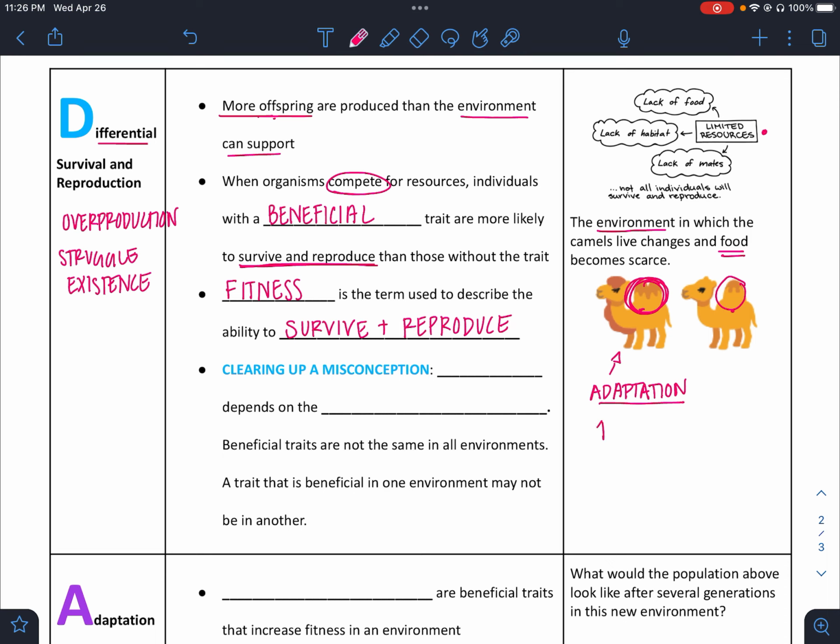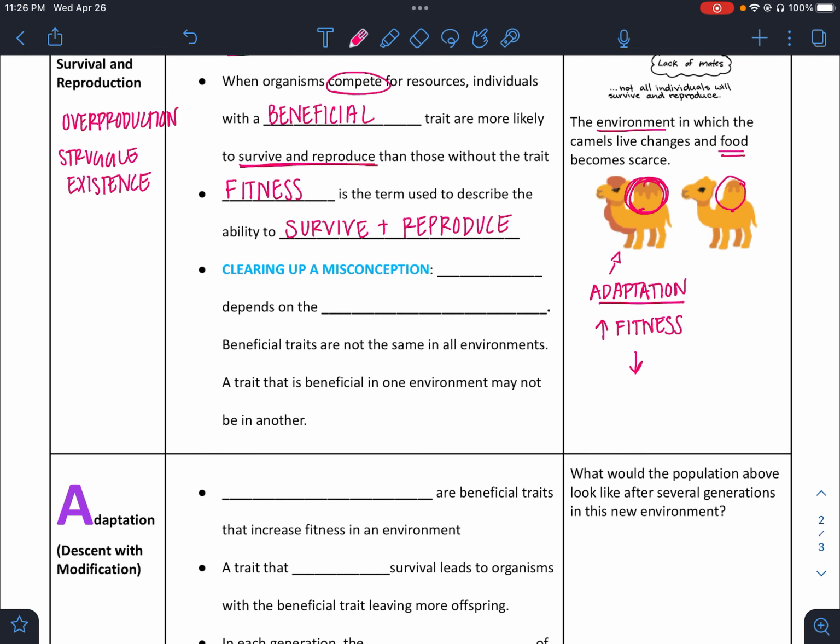That trait is going to increase fitness, which means that the two-hump camels are more likely to survive and reproduce. Over time in future generations, we expect to see more camels with two humps. Okay. Now, again, clearing up that misconception.